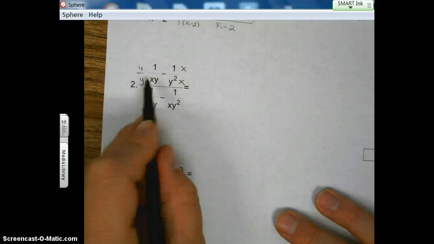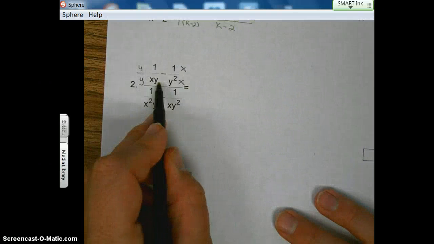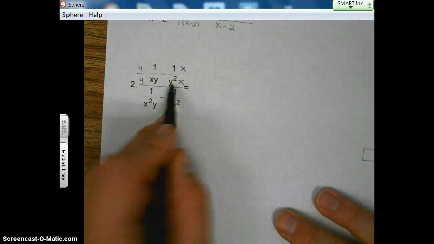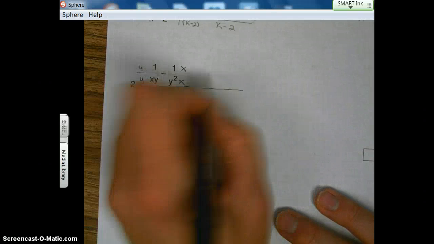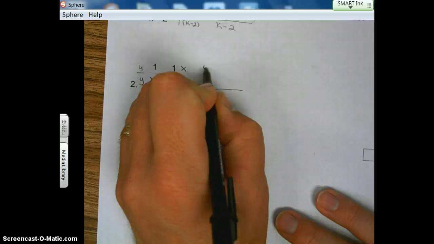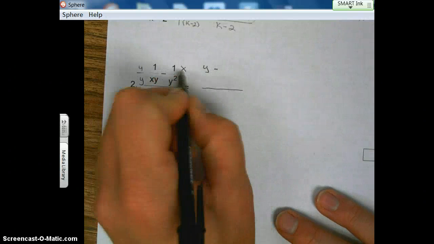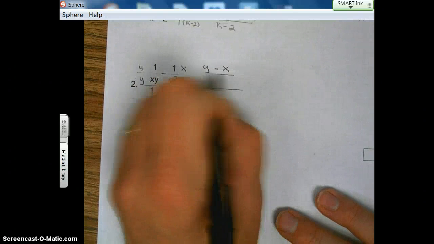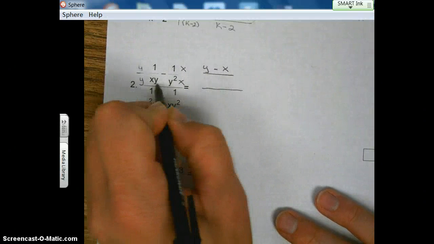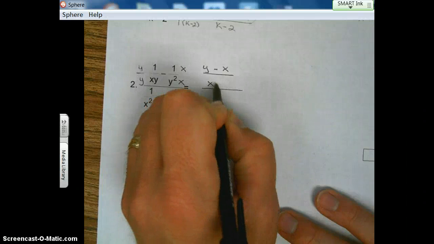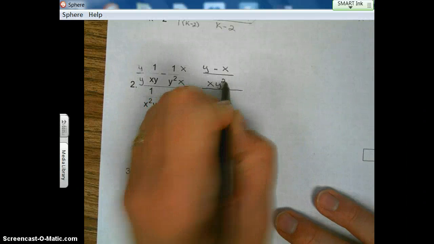So let's see, what do we have? We have x y squared, and we have x y squared. So we're good. So we're going to have y times 1 minus x times 1 over, and in alphabetical order, x, y squared.